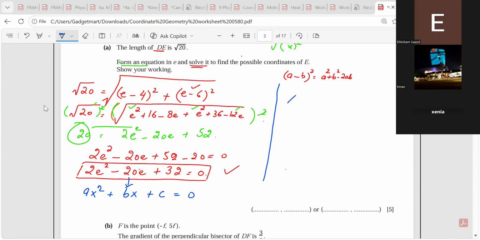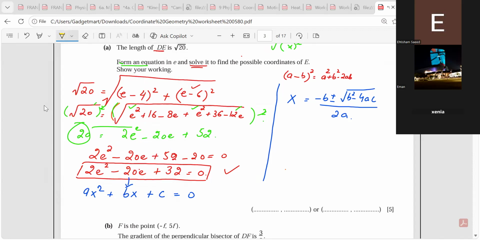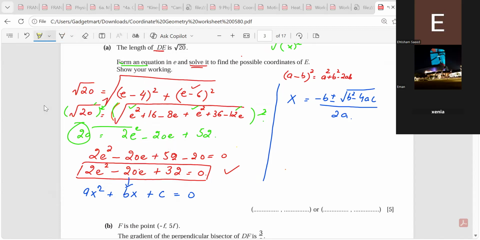Okay, what is the quadratic formula? X is equal to minus b plus minus square root b square minus 4ac divided by 2a. Right? Now you can have this question: what is a, what is b and what is c? So we can see here that a is basically this thing, that is with square.